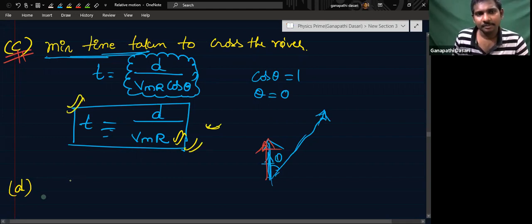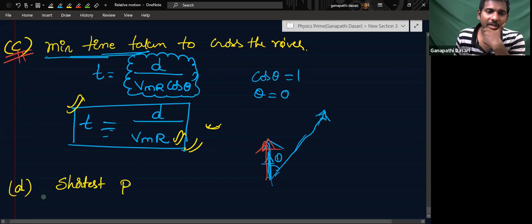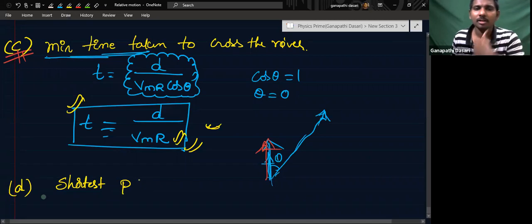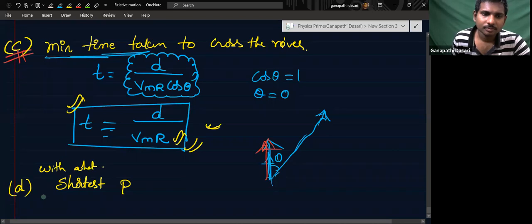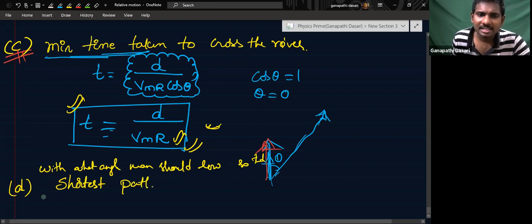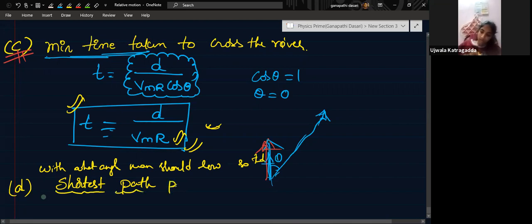Then the last thing is the shortest path. With what angle should the man direct himself so that he will go in the shortest path possible?